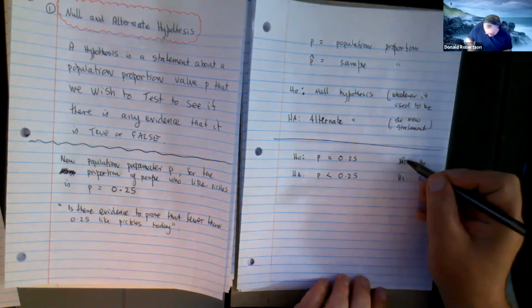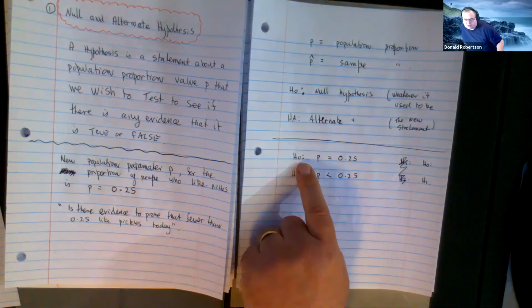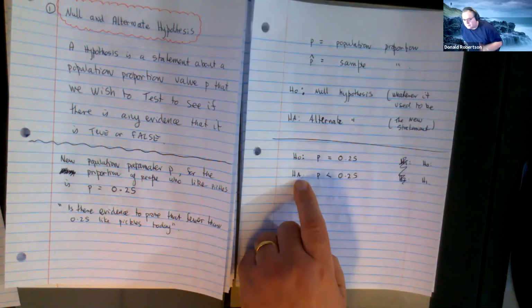That one I hate, so I'm not going to allow it to exist. But we're going to do this one. I like this notation, especially the A part, because it makes me think alternate, right? And I'm doing a quick check on what this book does, and we're good. They call it H0 and HA as well.